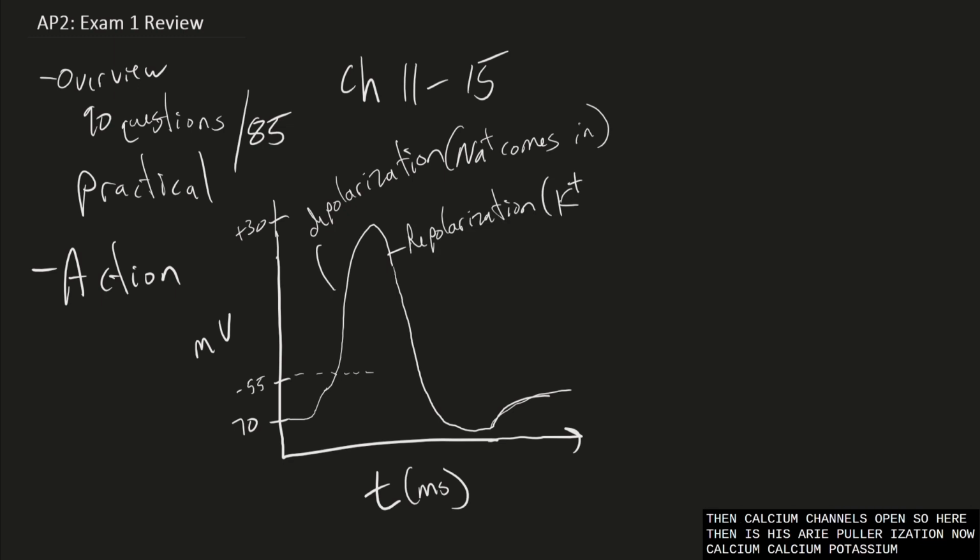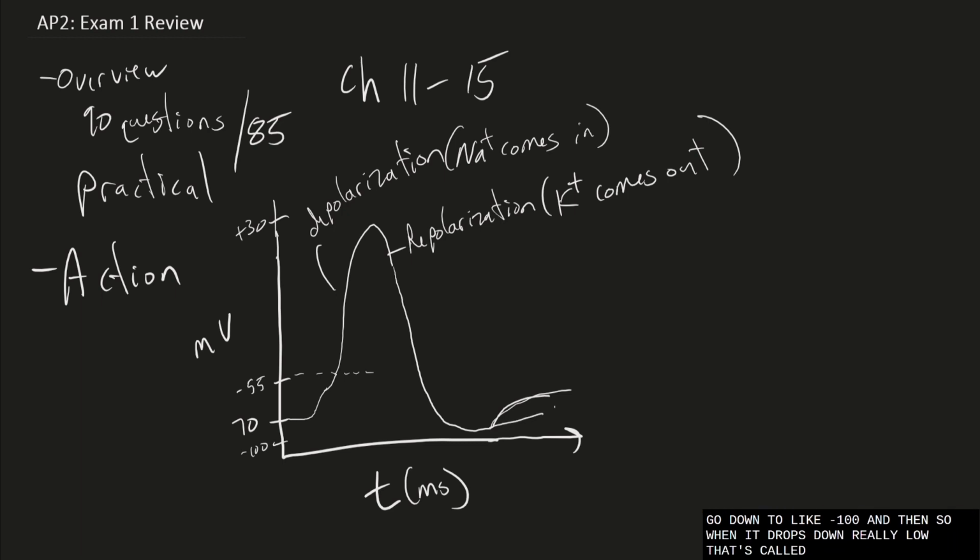Potassium now comes out, and as it exits, the charge drops back down. It can go down to like minus 100. When it drops down really low, that's called, I'll draw this line a little differently, hyperpolarization.